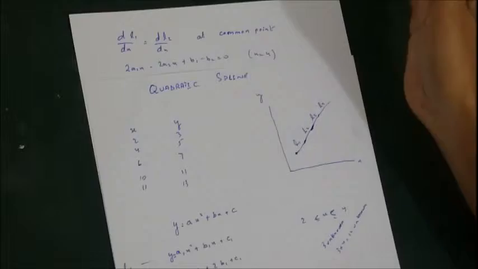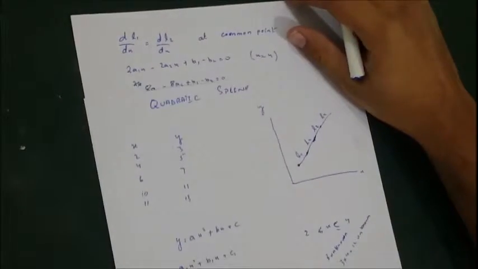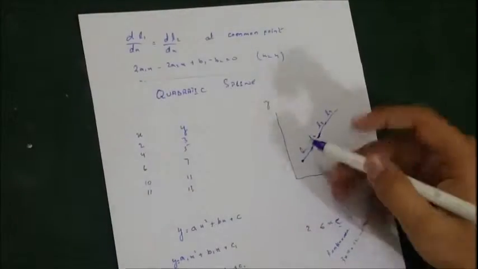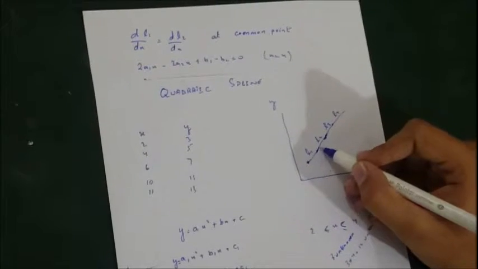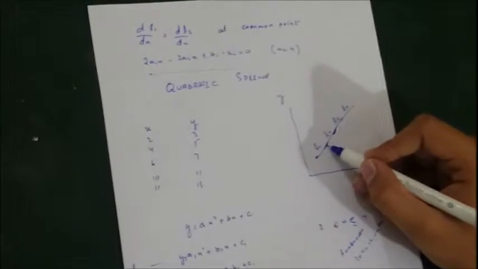Then putting all the unknowns on one side, this slope is equal at 4. 4 is the point which is common between L1 and L2 both.